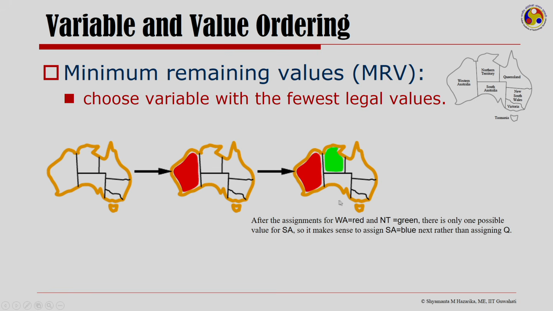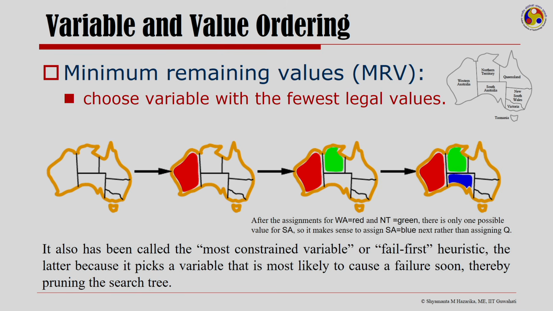So it makes sense to assign blue here rather than assigning the value for Q. This is what the minimum remaining value heuristic does. It has also been called the most constrained variable or the fail fast heuristic, because it picks up a variable that is most likely to cause a failure soon, thereby pruning the search tree.